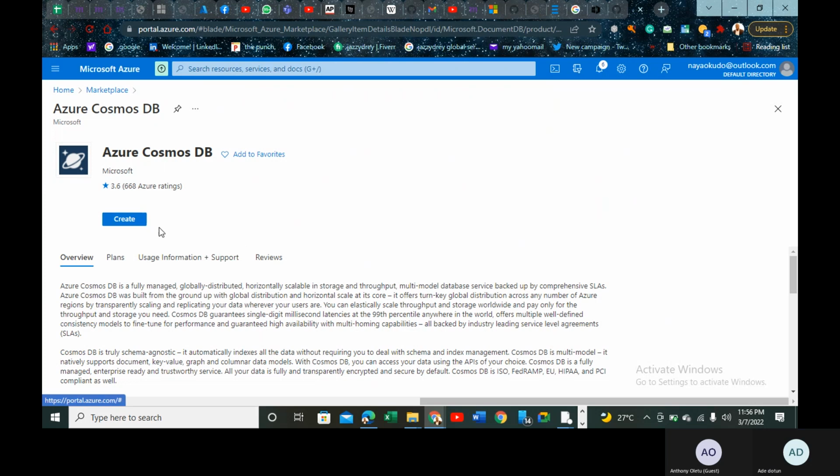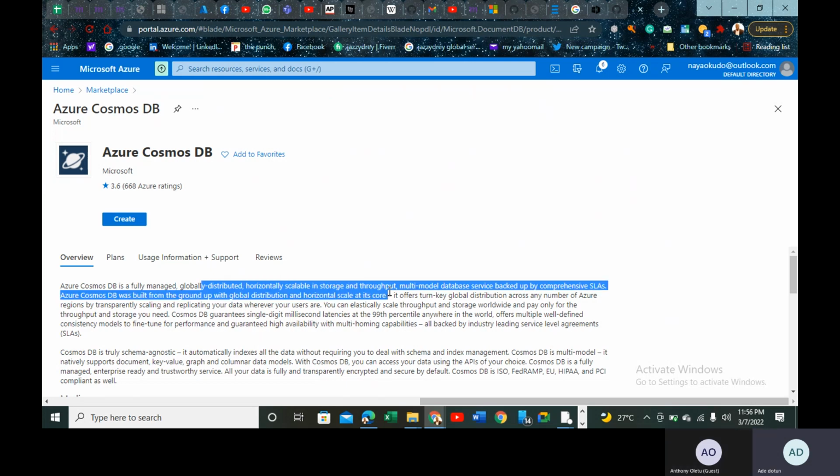They say CosmosDB is fully managed, globally distributed, horizontally scalable in storage and so on, with multi-model backup.